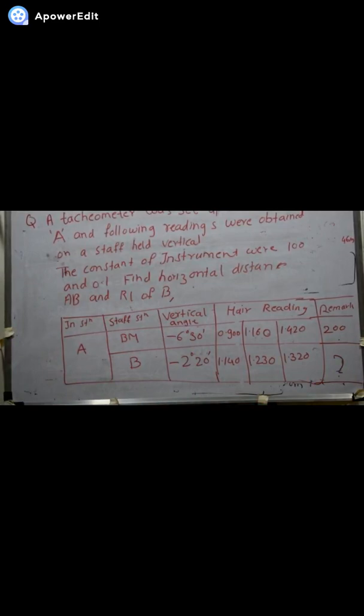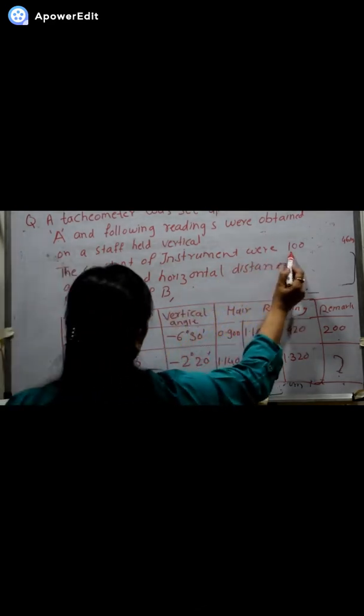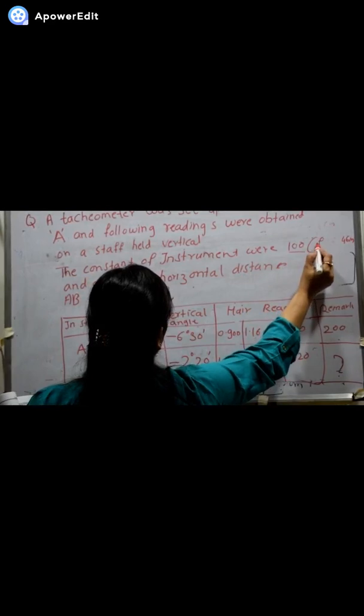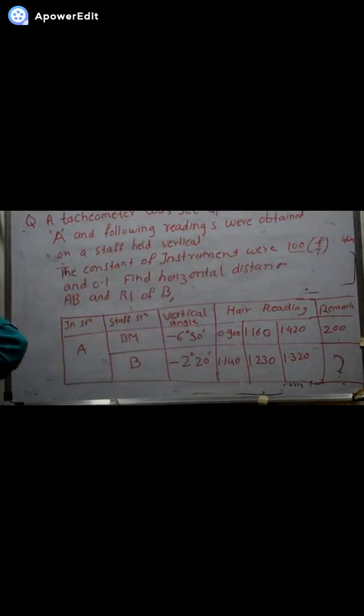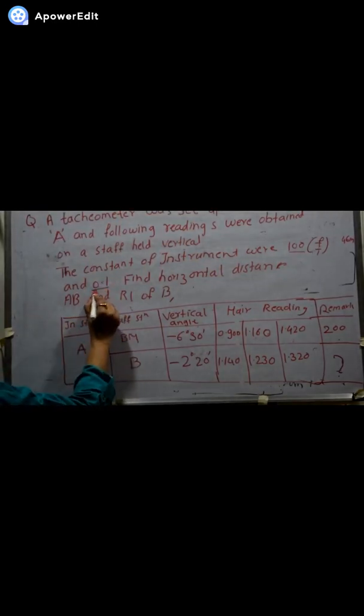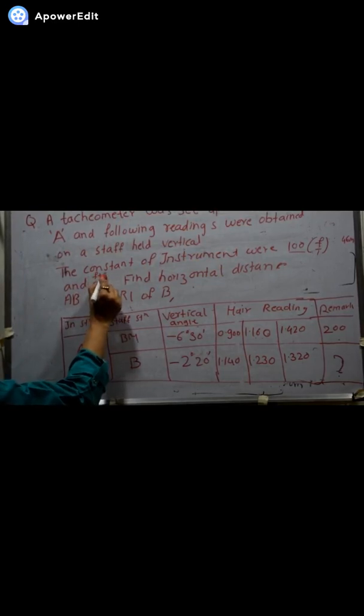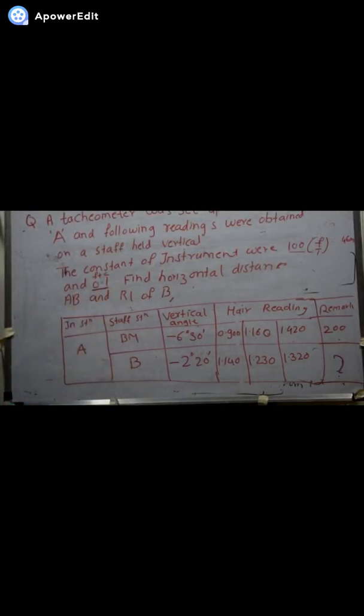Now you will see that they have given the constant as 100. 100 is nothing but the multiplying constant f by i, and they have not stated anywhere internal focusing or analytic lens, and they have given this value. So this value is f plus c, that is additive.